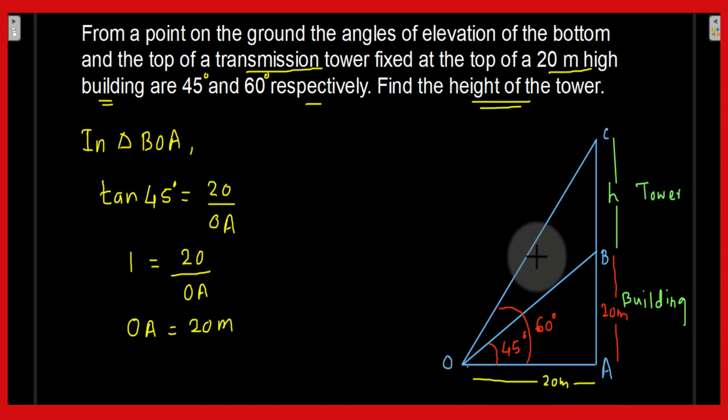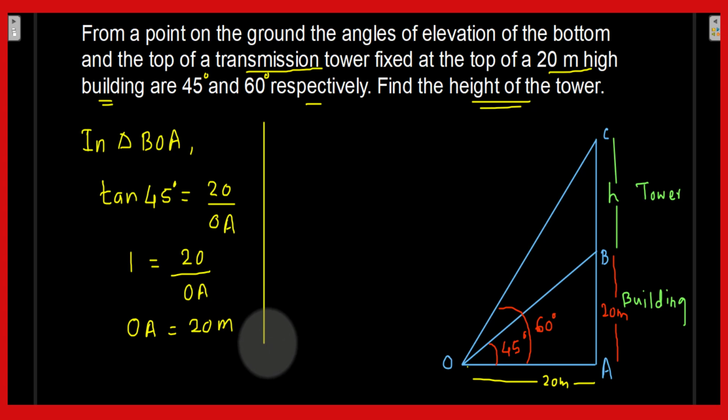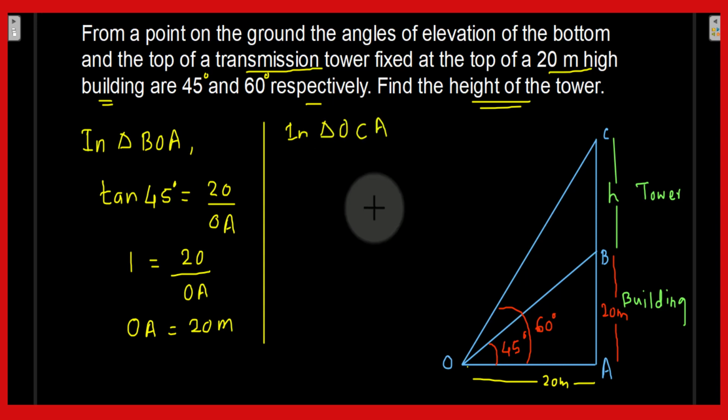Now we will take the triangle OCA and solve this further. In triangle OCA, tan 60 is equal to opposite upon adjacent.